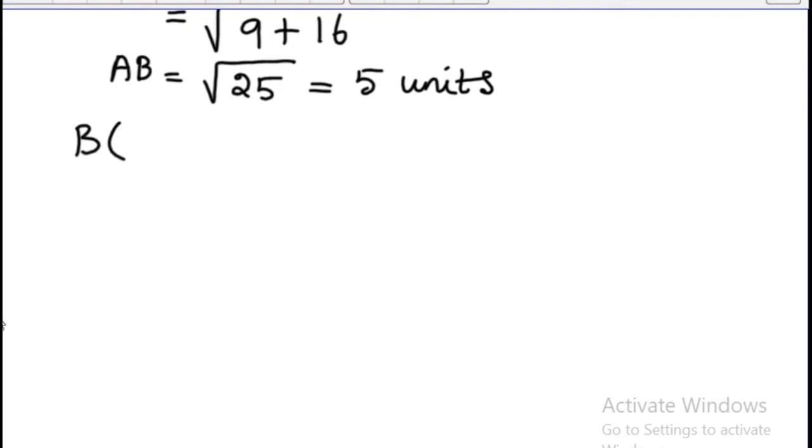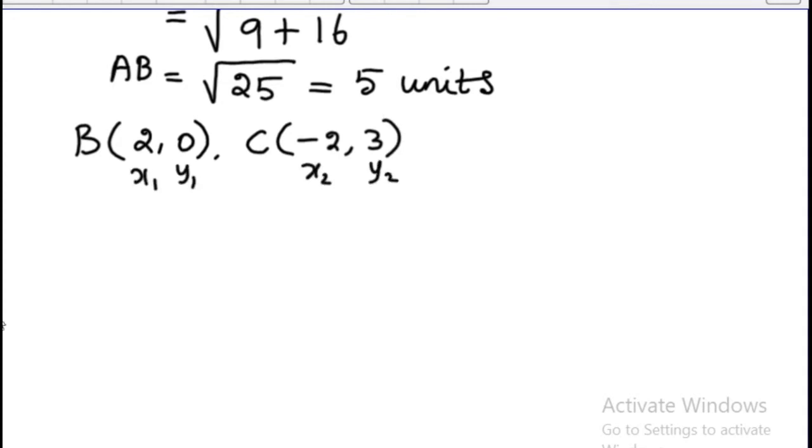B point is 2, 0 and C point is minus 2, 3. So you can take it as x1, y1 and x2, y2. Again the same way you can do it for BC.